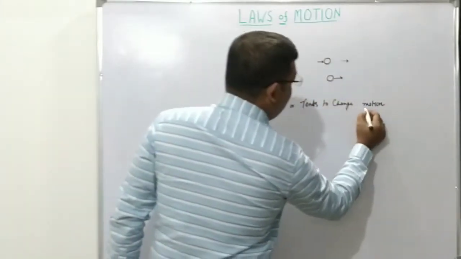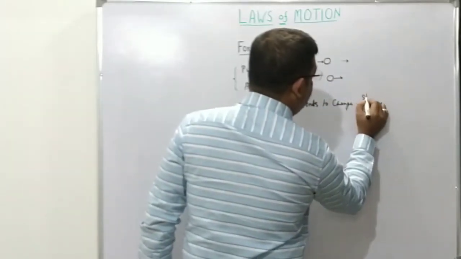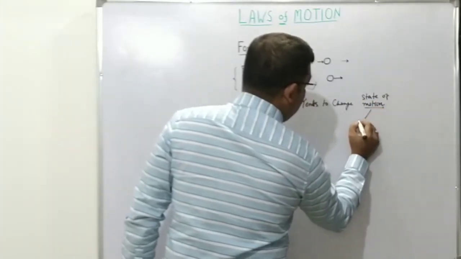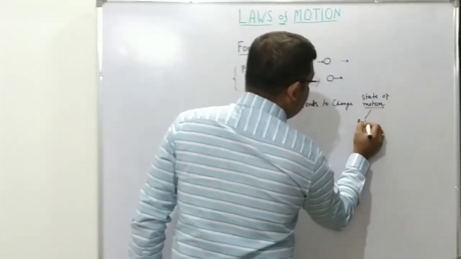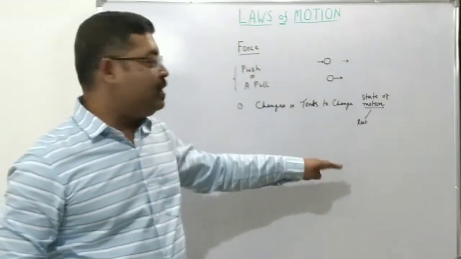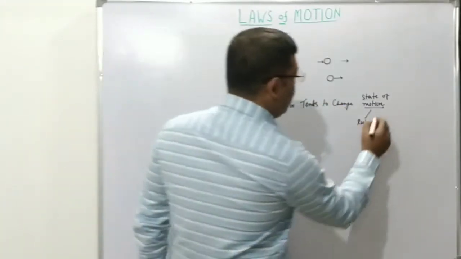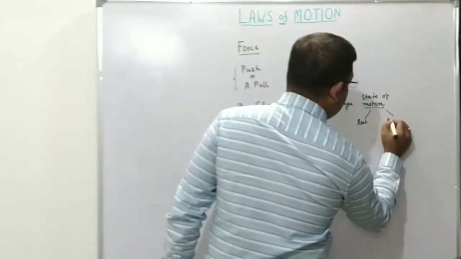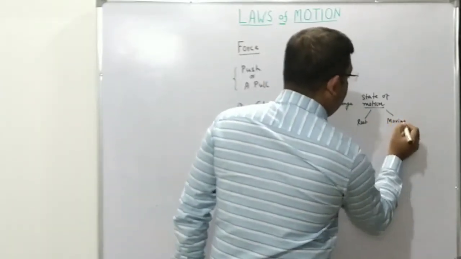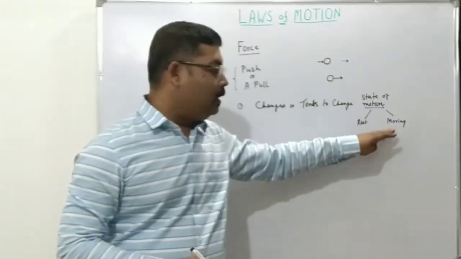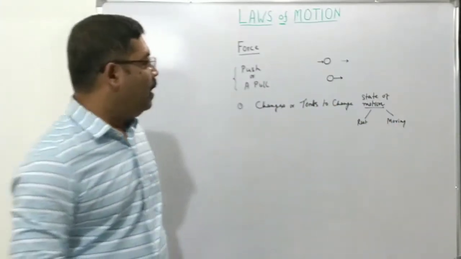Now, when we talk about motion or state of motion, if the object was at rest, applying force might change its state of rest and it might start moving. If the object was moving, it might accelerate or decelerate or retard the motion.